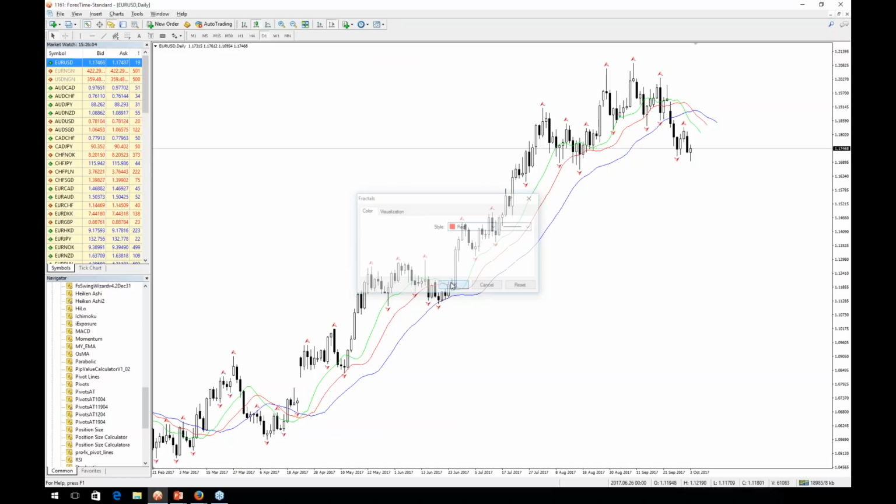You attach like that, and all these small triangles correspond to fractals. I want you to concentrate on this area here, the current price activity, because this is what we are interested in: whether there is a buy or sell opportunity, right?